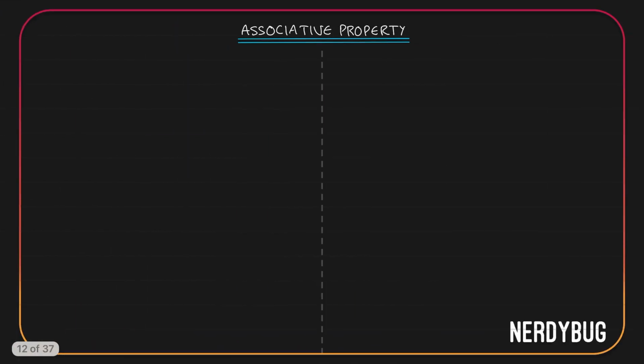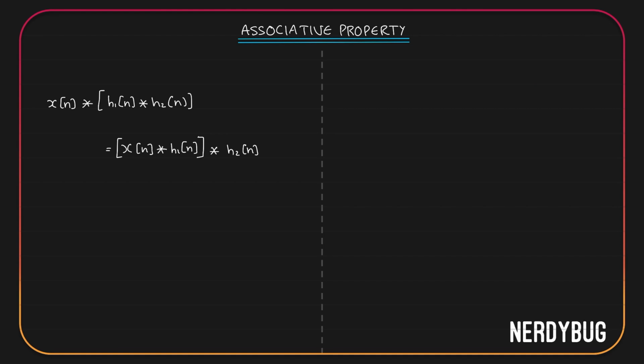Let us move on to the next property we have to learn. It is the associative property. For a discrete time LTI system, we can write it this way. If you take the convolution of x of n with the result of convolution of h1 of n and h2 of n, it is the same as taking the convolution of x of n with h1 of n and then taking the convolution of this result with h2 of n.